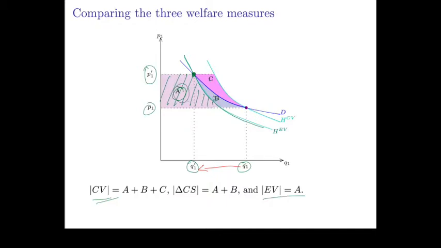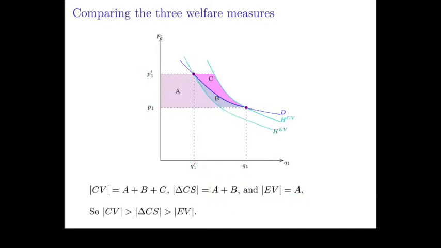That tells us the order of these three measures of welfare. So that's why the compensating variation is greater in magnitude than the change in consumer surplus, and the change in consumer surplus is greater in magnitude than the equivalent variation.